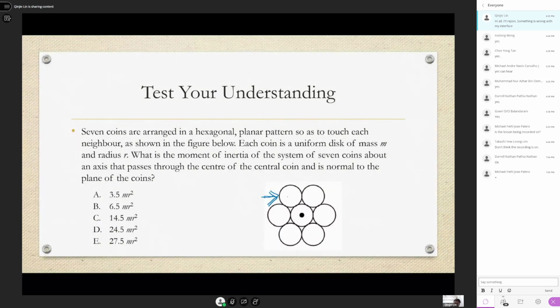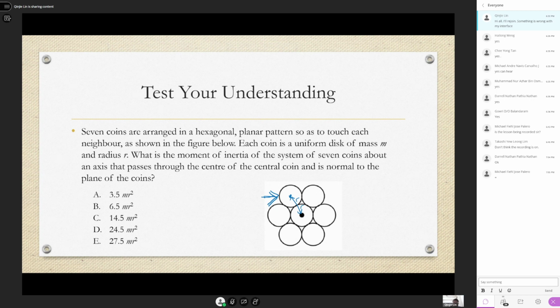You see, this is a coin rotating, but it's at a distance away from the original axis, right? The new axis is at a distance away. This is our r. R is their radius.